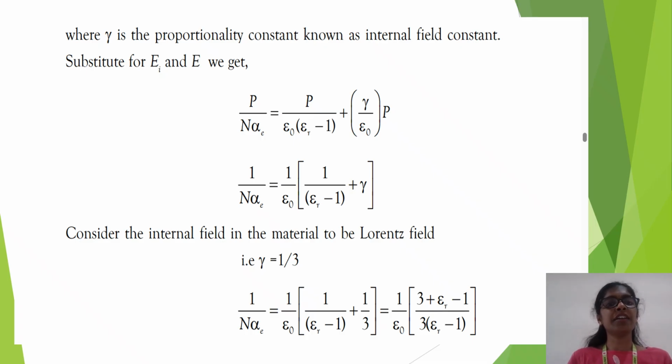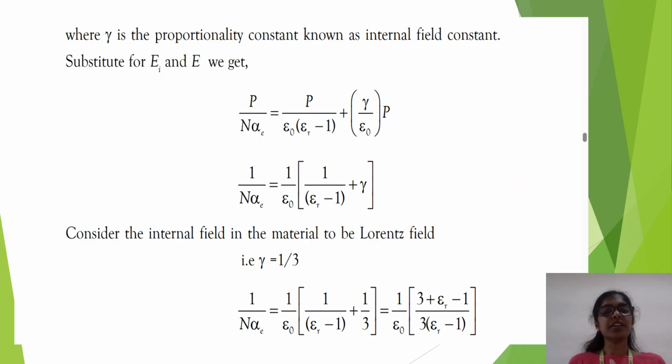Substitute for E_i and E values in the above equation. We get P by n alpha is equal to P by epsilon naught into epsilon r minus 1 plus gamma by epsilon naught into P. Here P by epsilon naught is common, then P cancels. We get 1 by n alpha is equal to 1 by epsilon naught into 1 by epsilon r minus 1 plus gamma.